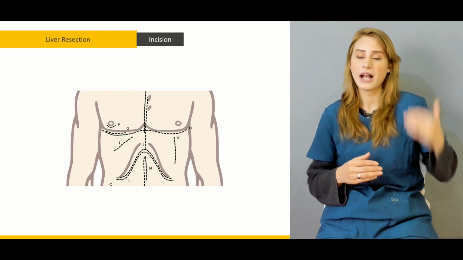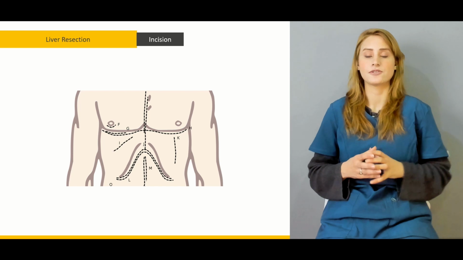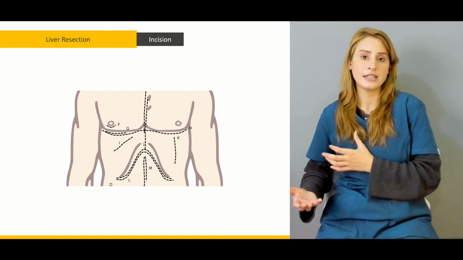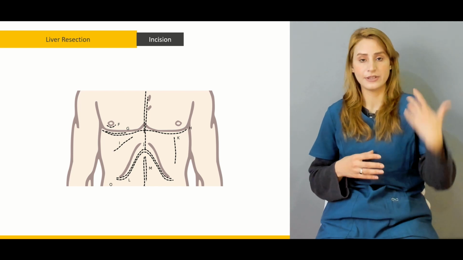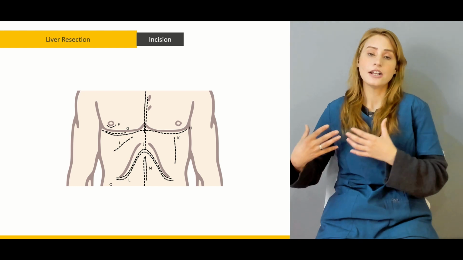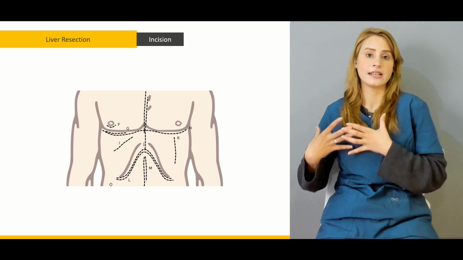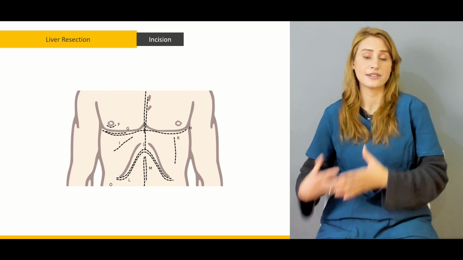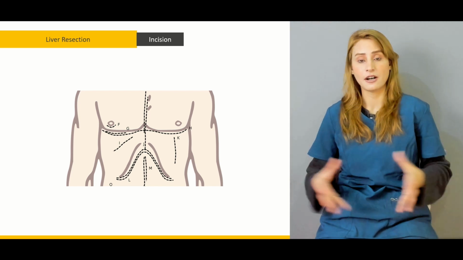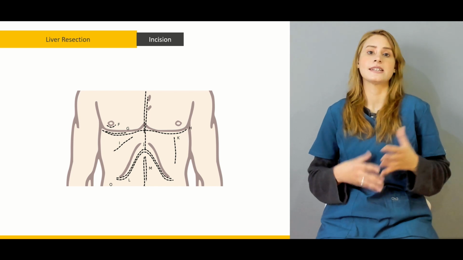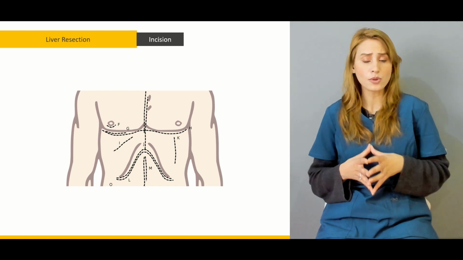So we start palpating the liver from the second costal cartilage, and we know that the inferior margin of the liver can extend to below the subcostal margin, or it can extend below the 12th rib.